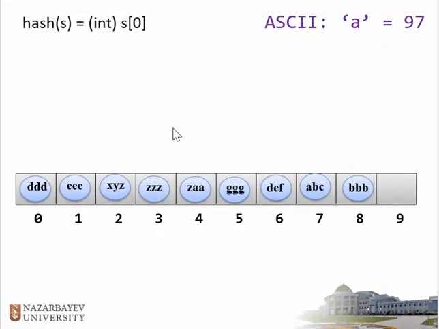Now, there's a further problem with open addressing with linear probing. Suppose now that we start deleting items, and suppose we deleted the item XYZ. The way that would work is that we would hash first to index 0, because X has ASCII value 120, mod 10 is 0.